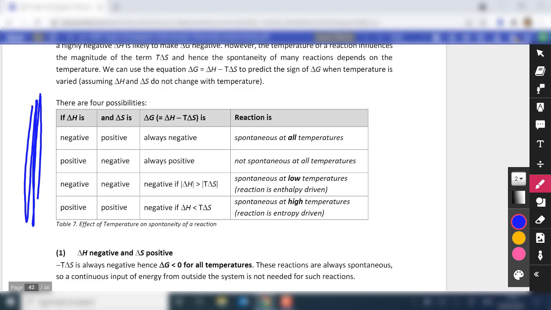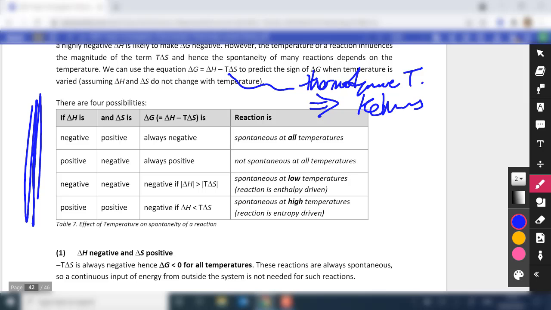Before we go into this, we need to understand one important thing. The temperature is the thermodynamic temperature, which means it is in kelvins, so the number is always positive. T is always positive.